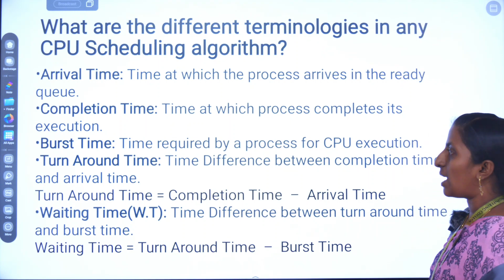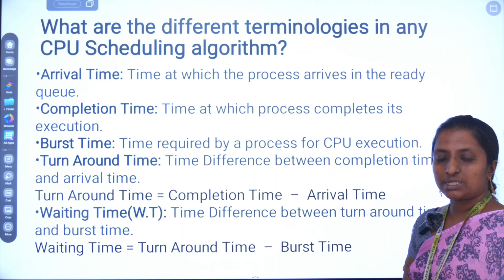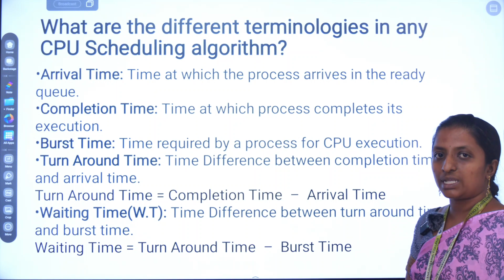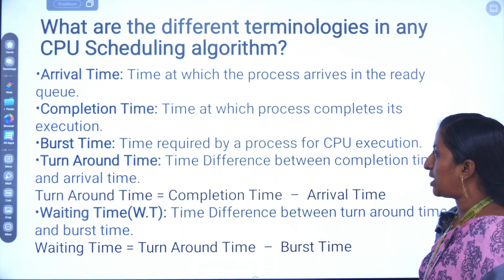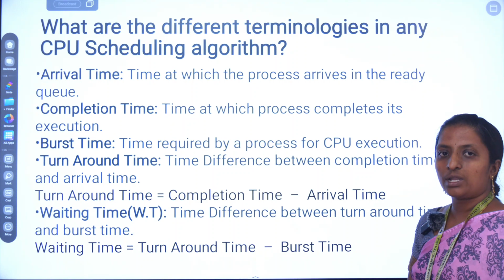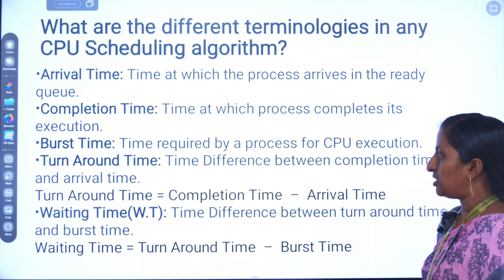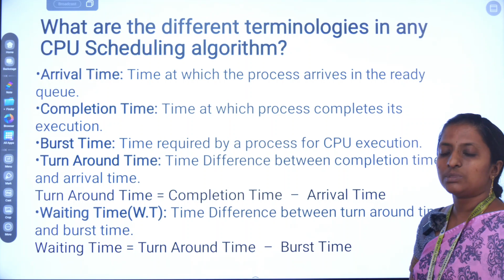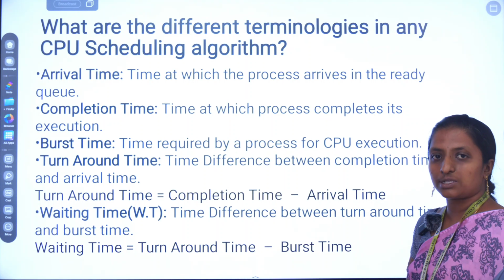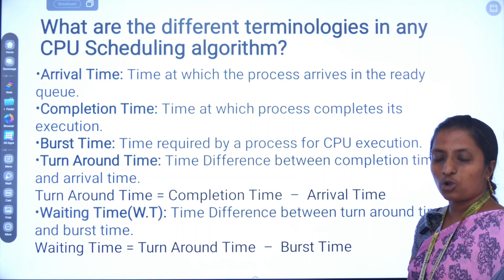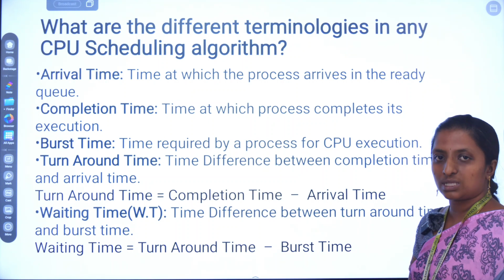The first one is arrival time. Arrival time is the time when a process enters the ready queue. Completion time is the time when a process completes its job. Burst time, whose other name is execution time, is how long a process is executing or using the CPU.